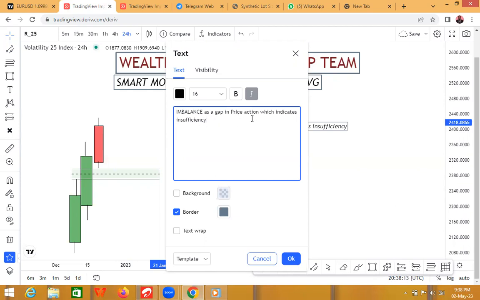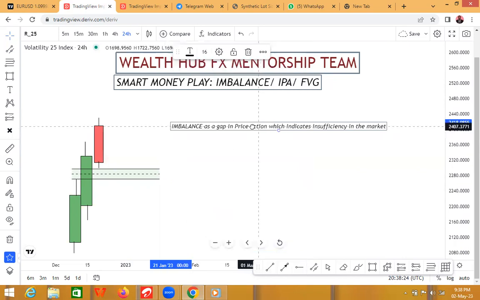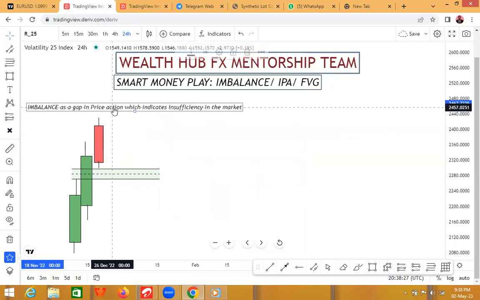Imbalance is a gap in price action which indicates insufficiency in the market. All right, I think that will be fair.